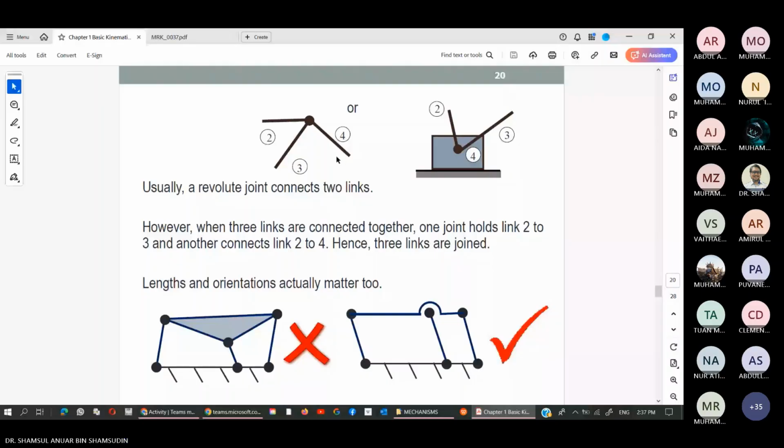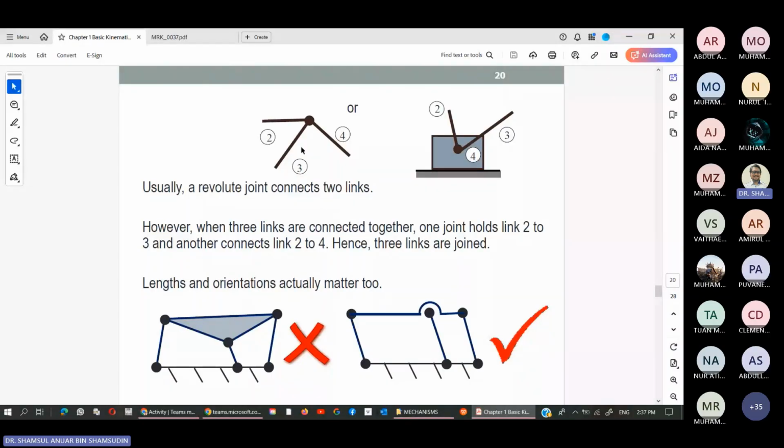And it seems that it's trying to tell us we only have to use one pin, one big pin to connect all the three links labeled 2, 3, and 4. Okay, I hope you understand the situation over here.